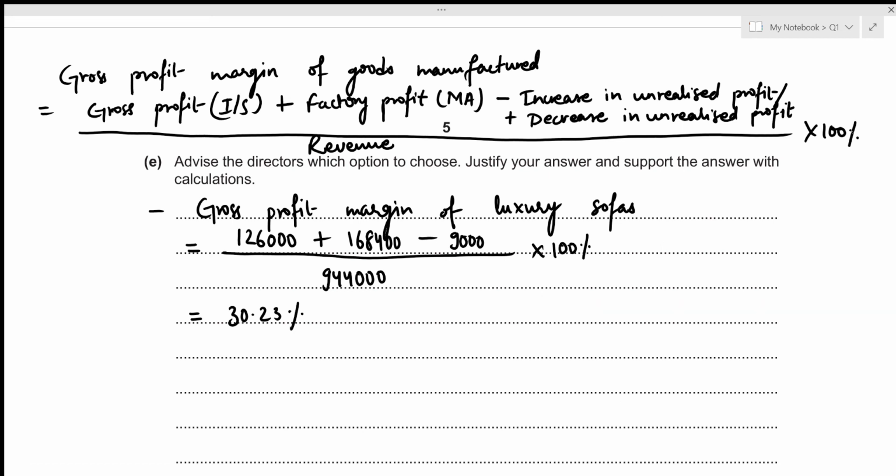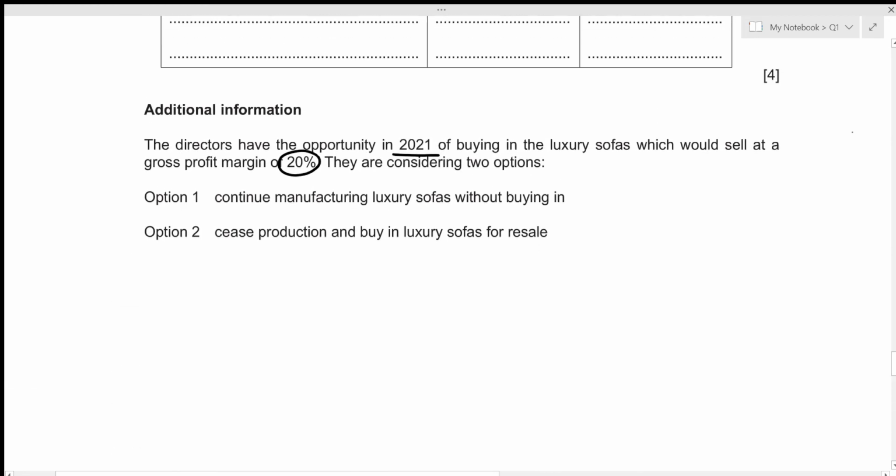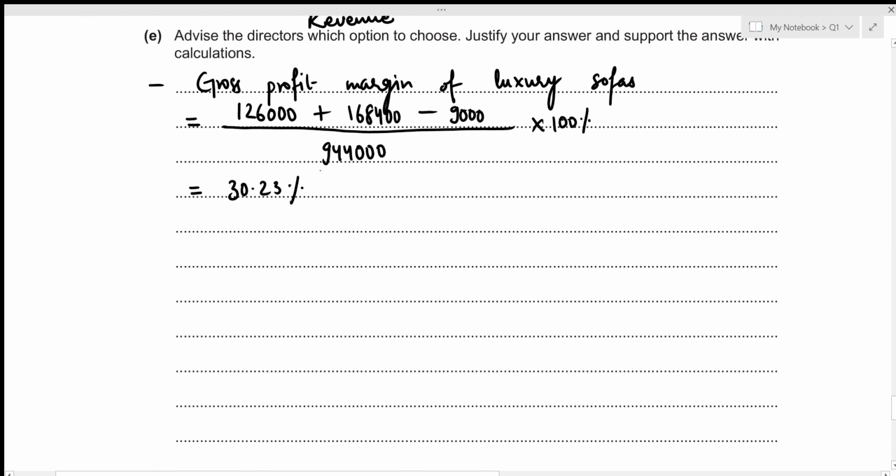Now we can see that the gross profit margin of luxury sofas, if we manufacture it in-house, is going to be 30.23%. But if we purchase or buy in the luxury sofas from a supplier, we will get a gross profit margin of 20%. So obviously we can see that manufacturing luxury sofas has a higher gross profit margin rather than trading luxury sofas, which has a gross profit margin of only 20%. Let's write it down.